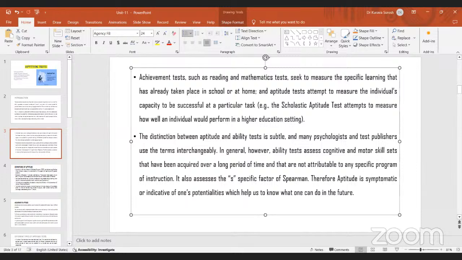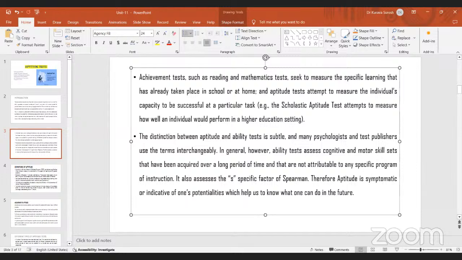The distinction between aptitude and ability tests is subtle, and some psychologists and publishers use the term intelligence for general ability. However, ability testing assesses the cognitive and motor skills that have been acquired over a long period of time and that are not attributable to any specific program's instruction. It also assesses the specific factors of Spearman.